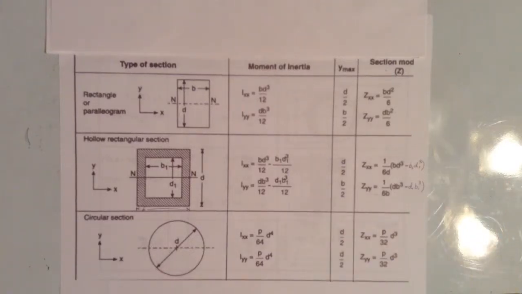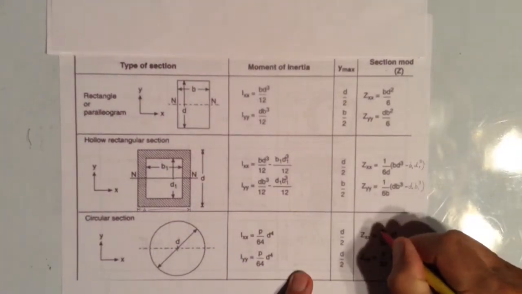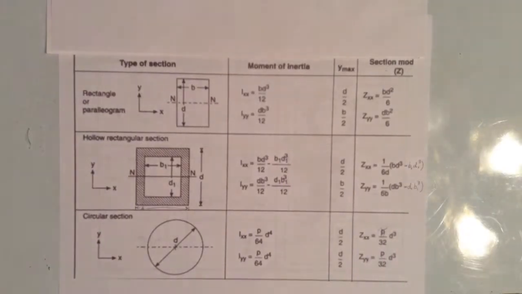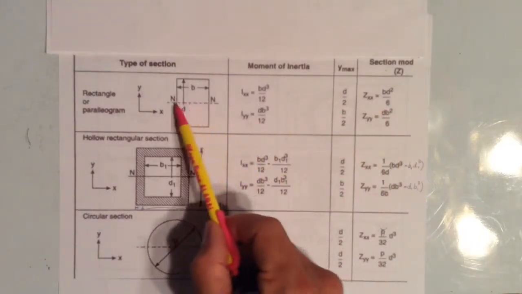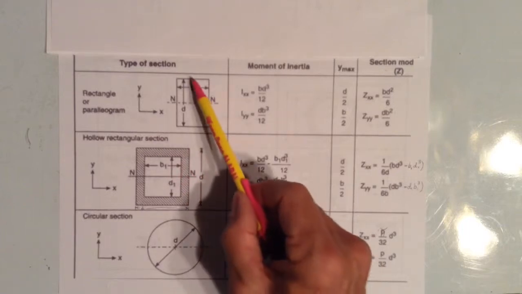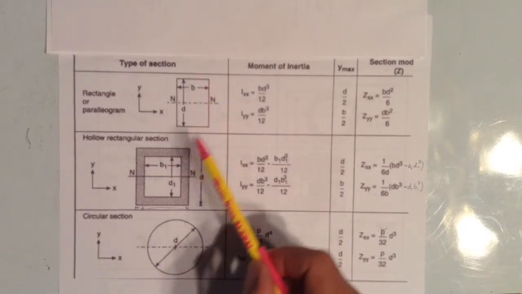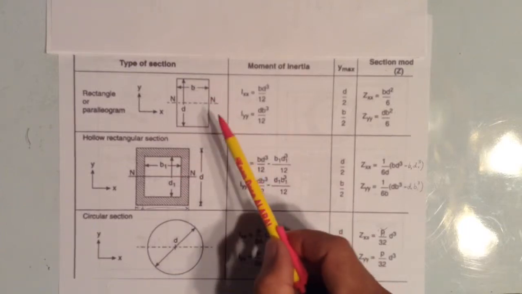And with a circular cross section, the section modulus is, they put P there because they couldn't print out a pi. That is the Greek letter pi, which is 3.141592, etc. Pi times diameter cubed over 32. Well, this is a section modulus across the x-axis, but if you had it across the y-axis, you just trade your base and your height around.